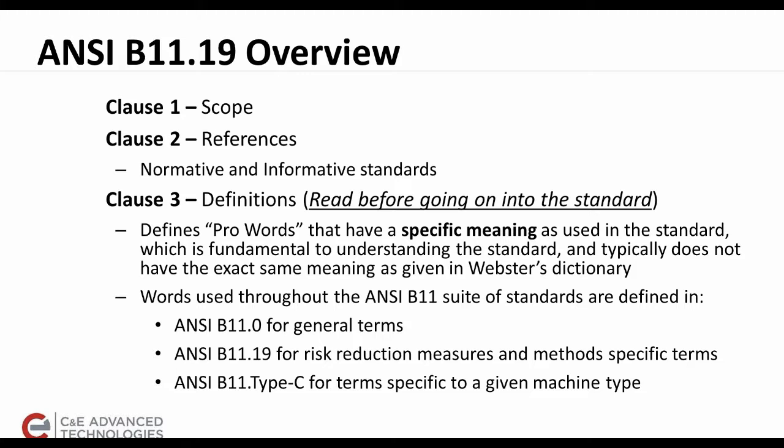If, for example, you were looking at a punch press standard, in order to use this suite of B11s, you really need to have a copy of B11.0, B11.19, and the C standard if it's applicable. You have one for the machine. If you do not have a C type standard, then you would use the result of your risk assessment.